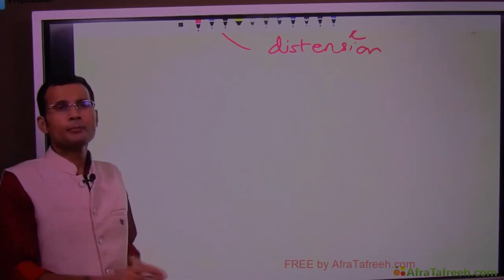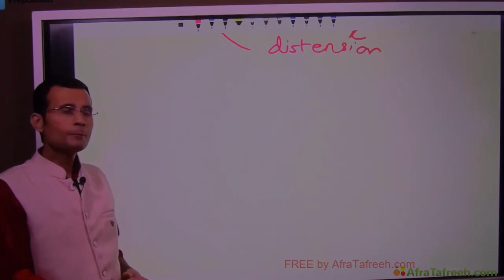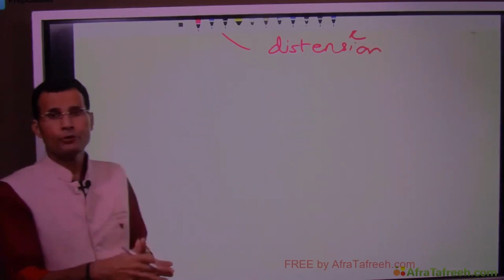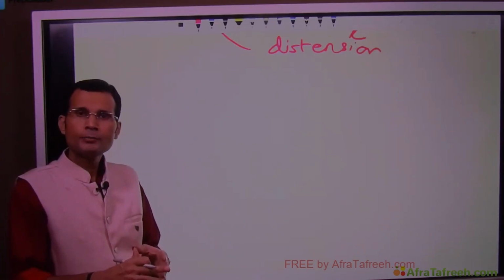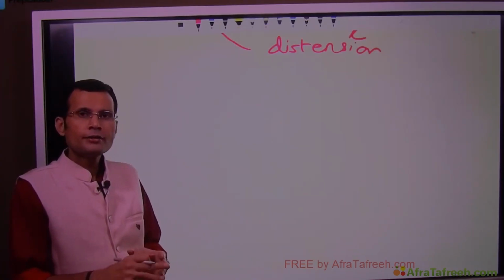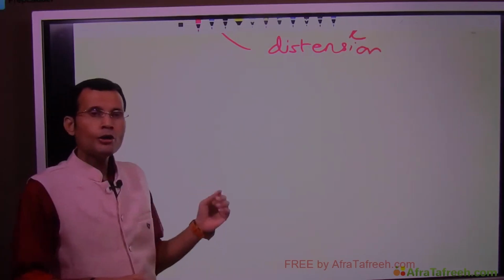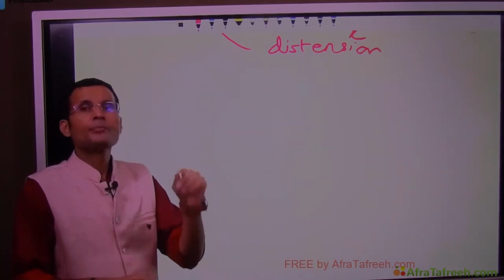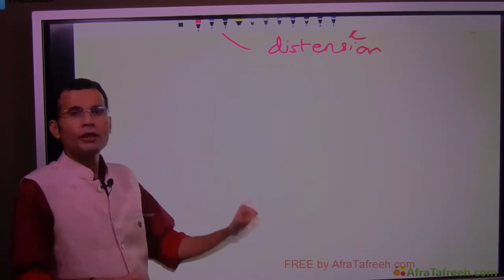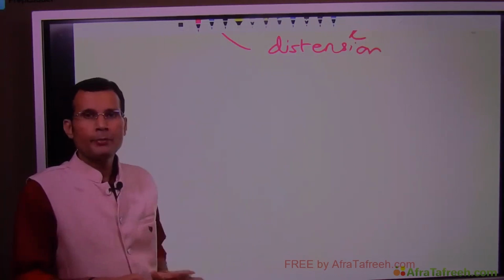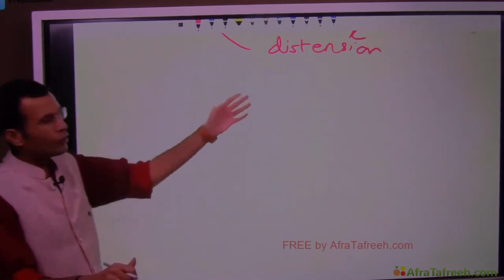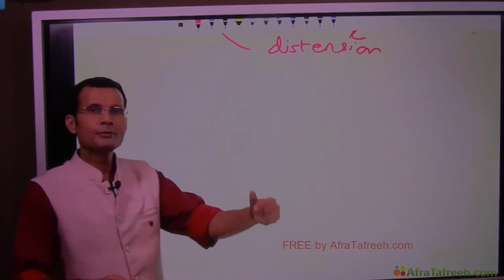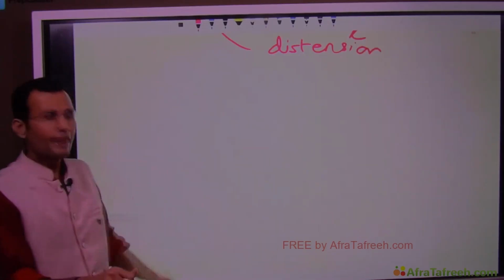So these are the examples of positive feedback which are helpful to the body. Finally, let's end this section by saying two things. One is that all the positive feedback mechanisms end with a negative feedback. It's necessary. I mean, it cannot go on forever. It has to end somewhere.